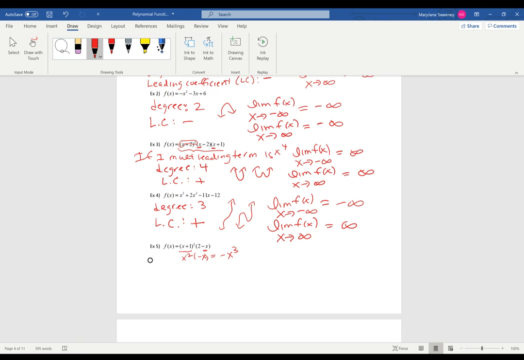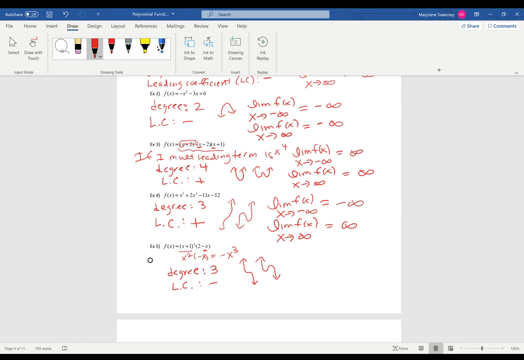All I care about is the leading term, the term with the highest degree. So I would think, okay, this is a degree 3 polynomial. Leading coefficient is negative, which means starts up, ends down. Negative ends down. Could be more wiggly, but it's going to end down.